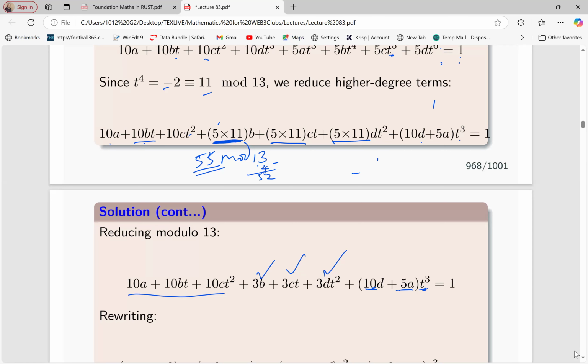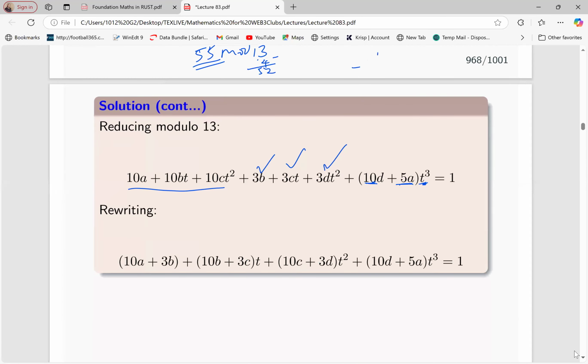Now, at this point, I remember that this is supposed to be a constant 1, this is 0t, this is 0t squared, and this is 0t cubed. Why I'm doing this is that I would then equate the like terms.